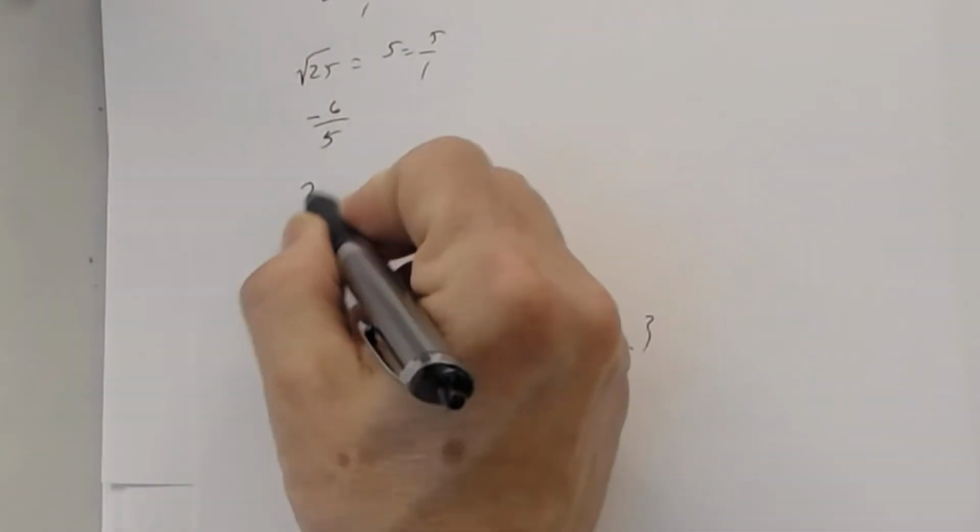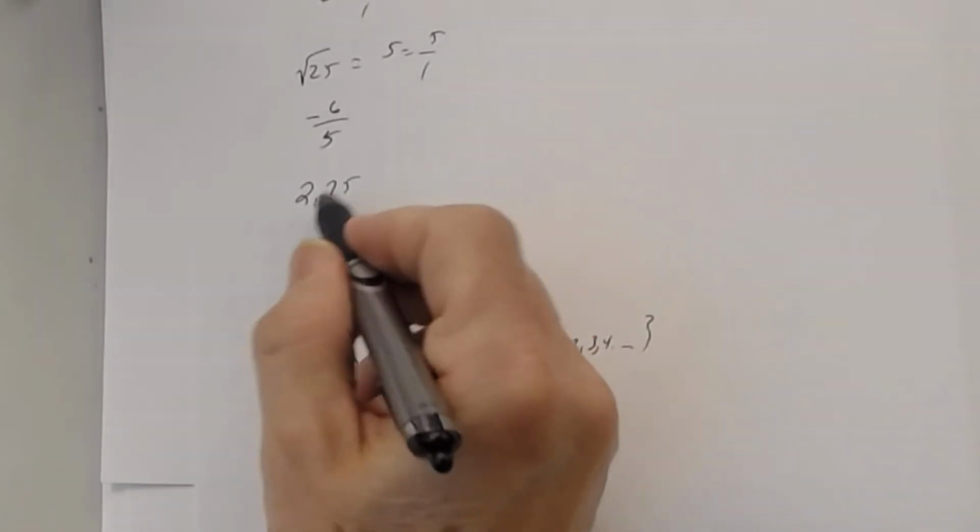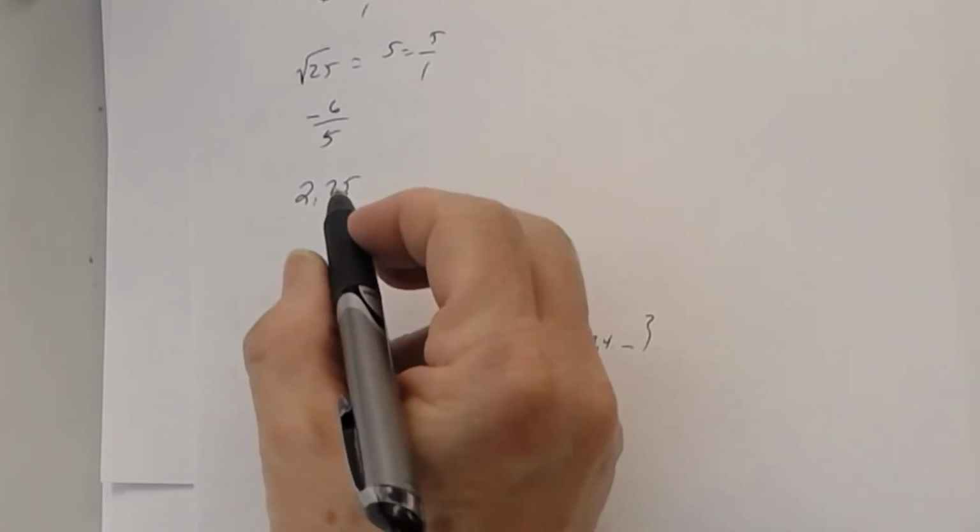Is 2.75 a rational number? Yes. Because when we read it, I read it 2.75, but mathematically the way to read this is 2 and 75 hundredths, right? Place value.